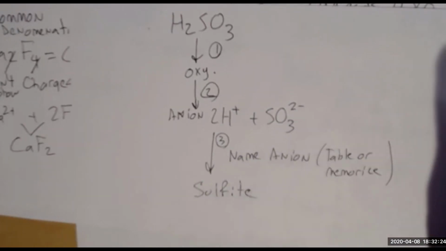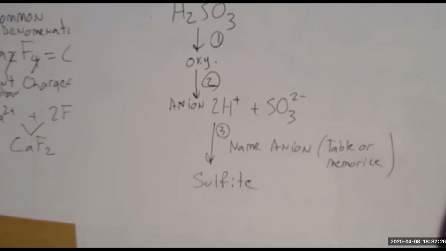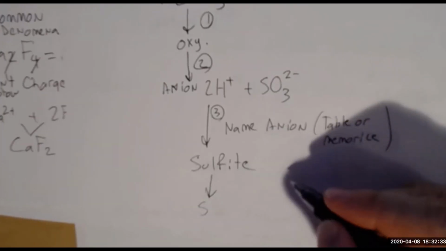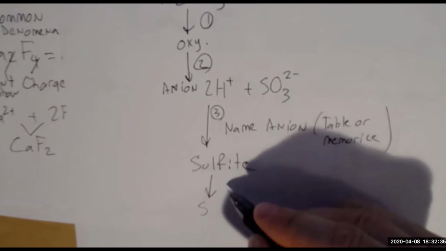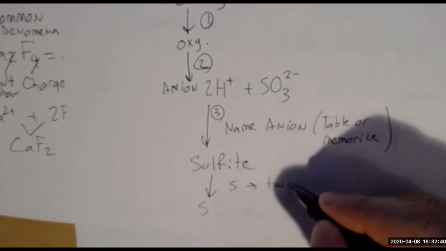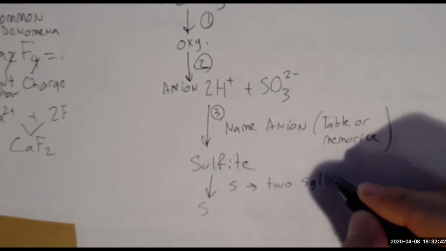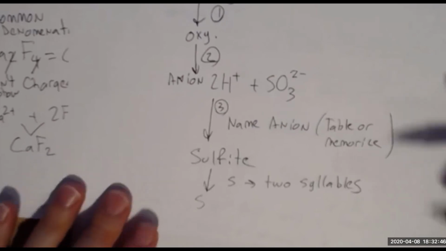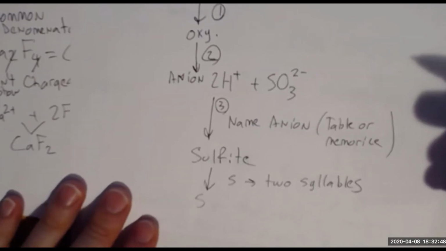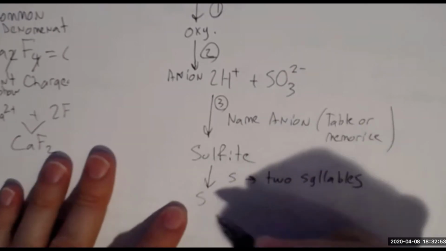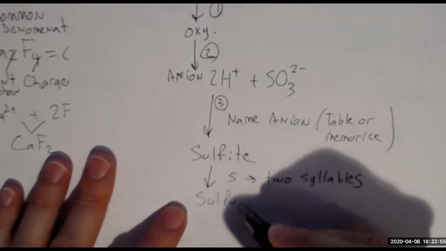Good. So if it's sulfite, it goes to OUS. Actually, this is a special case, so let's add another step. Because it's sulfur, it gets 2 syllables. So this is actually sulfurous.